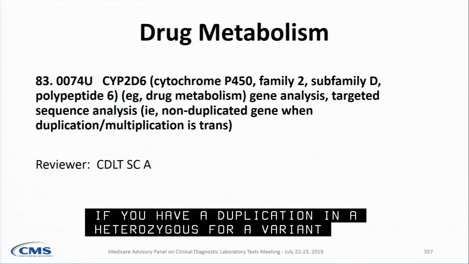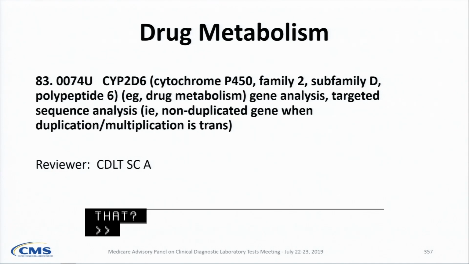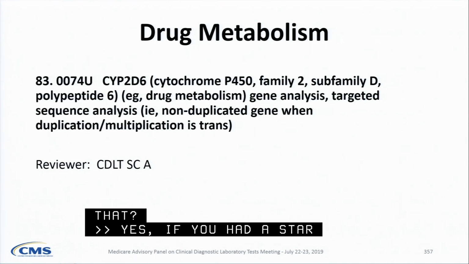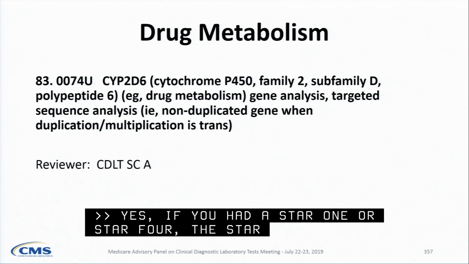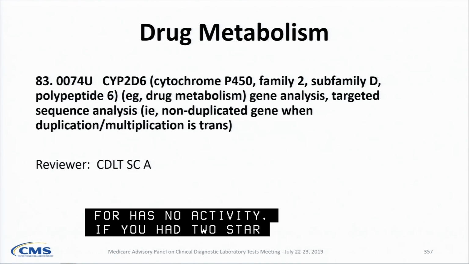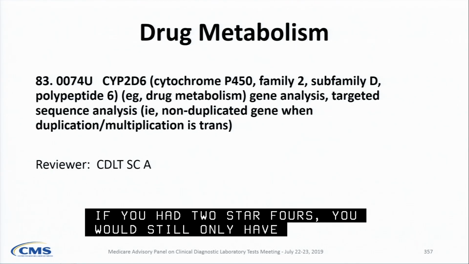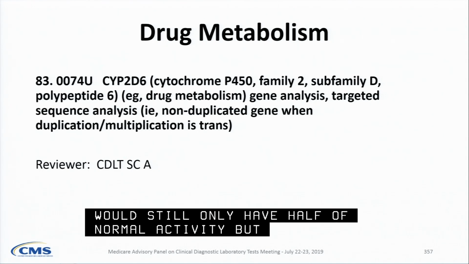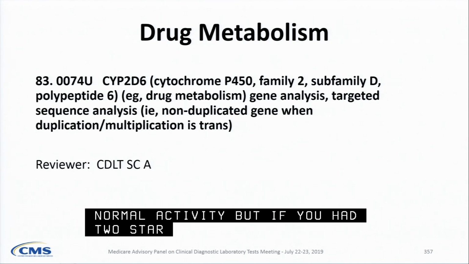Oh, yes. So if you had, let's say, a star 1, star 4, the star 1 has complete activity and the star 4 has no activity. So if you had 2 star 4s, you would still only have half of normal activity. But if you had 2 star 1s, you would have full activity. So that would make a difference in the interpretation for your patient.